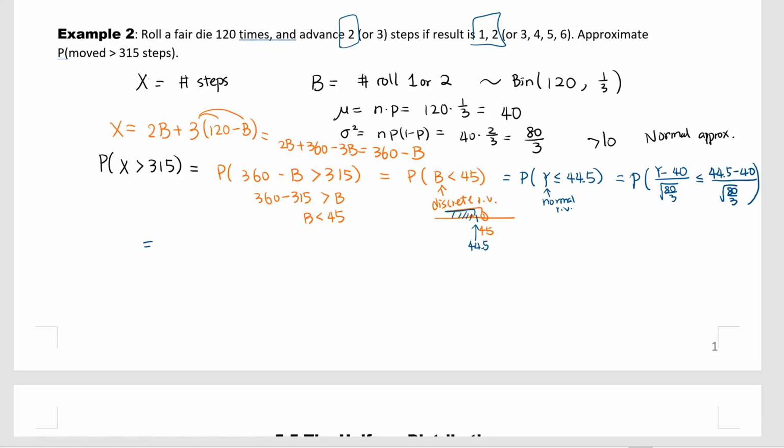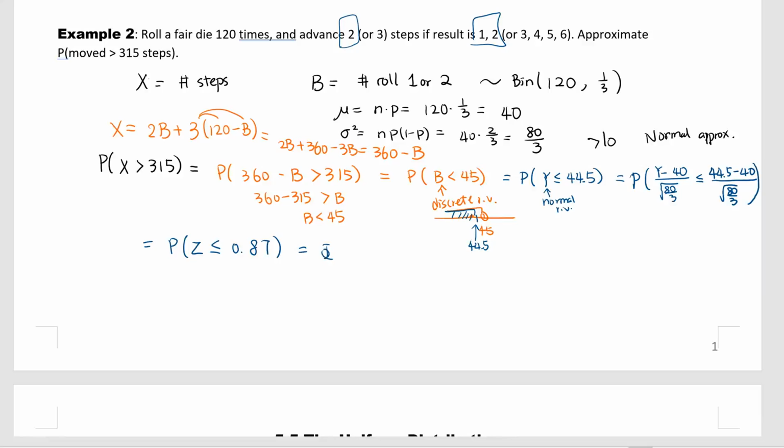So what is that? Z less than or equal to, so plug it into your calculator: 44.5 minus 40, divided by the square root of 80 over 3. Make sure your parentheses are in the correct location when you plug it into your calculator. What I get is 0.87.